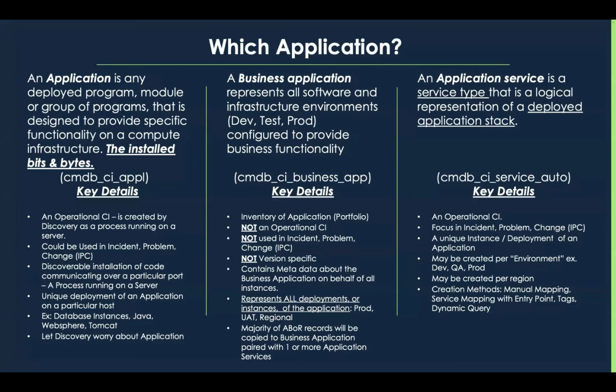A couple of examples. Now, first, let's talk about our definitions. These are three key definitions. The word applications, kind of terrible. You say application, it means many different things to many people. What we want to do is be clear about what we're saying. An application, singular, is discoverable. Discovery will find it.